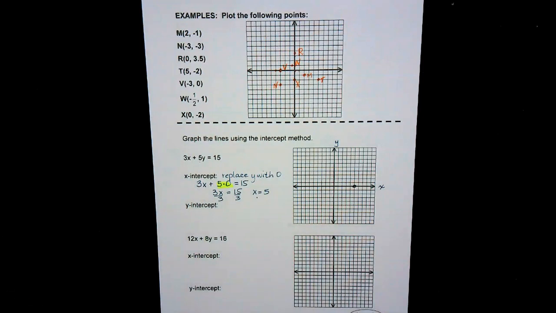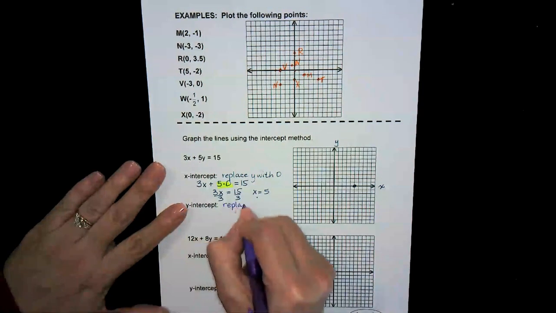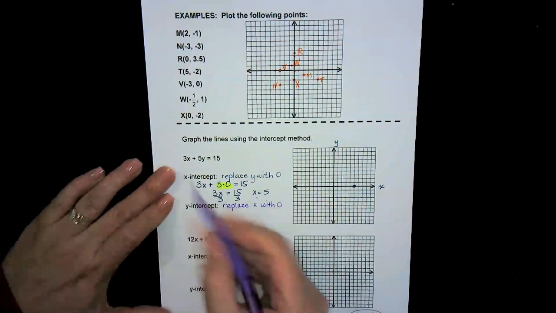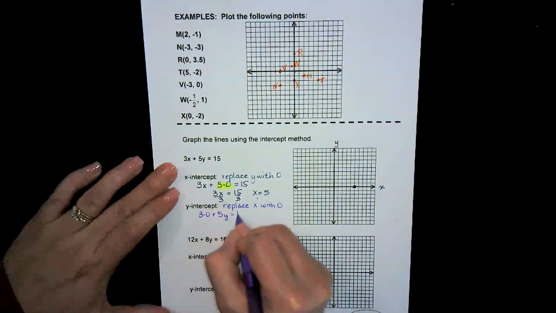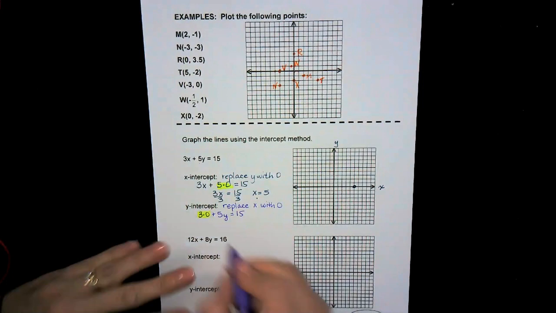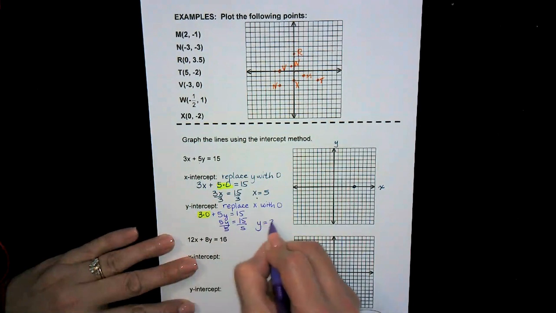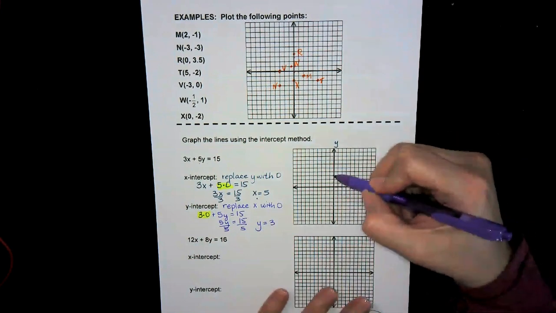Now, let's do the other intercept. If I want to find the y-intercept, you might have guessed it. We're going to replace the x with 0. So now I have 3 times 0 plus 5 times y equals 15. Well, just like before, 3 times 0 is going to give me 0. So now I have 5y equals 15. And if I divide both sides by 5, I'll get that y is 3. So that means that I'm going to touch the y-axis at 3.